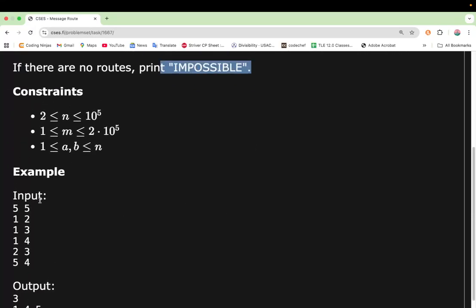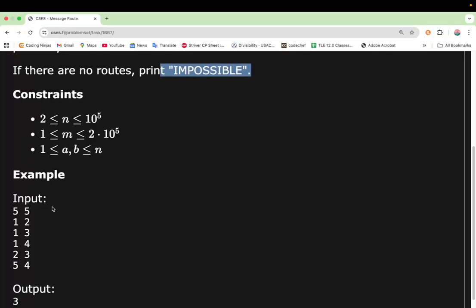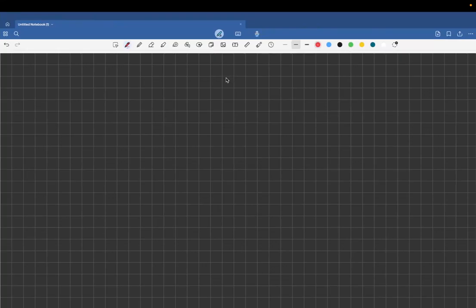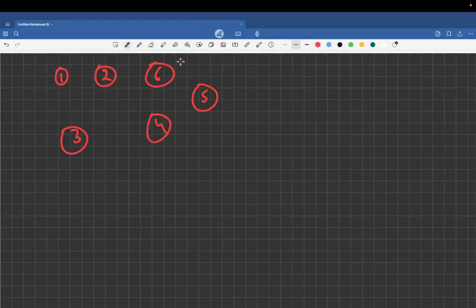Okay. So let's first understand what the problem is, and then we can see how we can actually solve this. You are given n computers numbered 1, 2, 3, 4, 5, 6 up till n, and there are connections between some computers. Like let's suppose this is connected to this, this is connected to this, then this is connected to this.